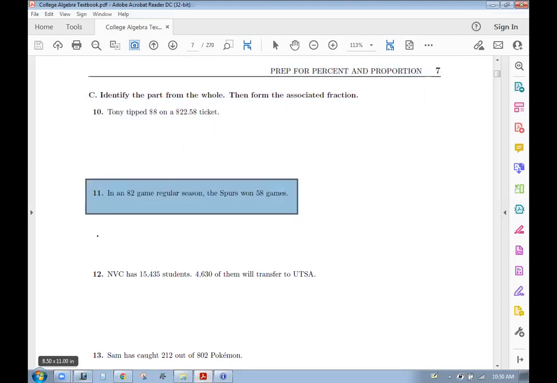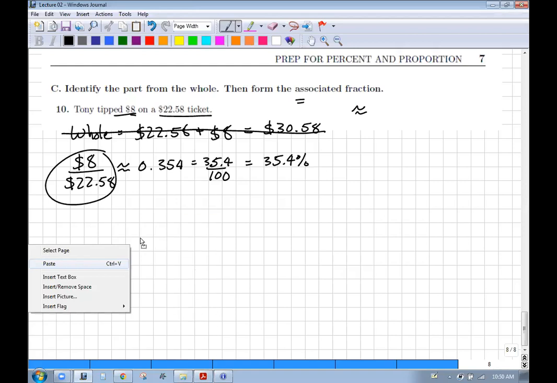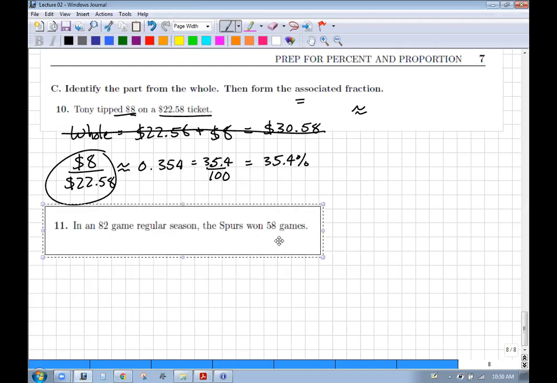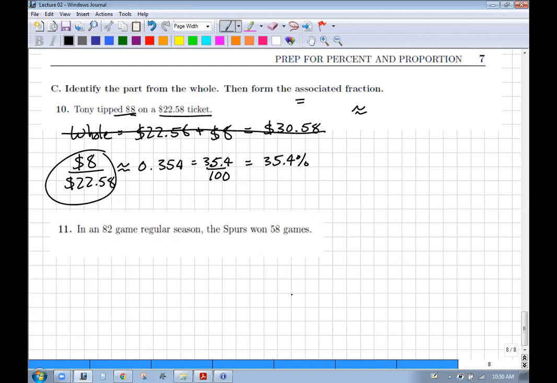All right, so let's look at this one. Maybe it'll be more clear as to what they mean by part and whole. In an 82 game regular season, the Spurs won 58 games. So they won 58 out of 82. So this is the part, here's the whole. All right, so this one is more clear as to what they mean by part and whole.